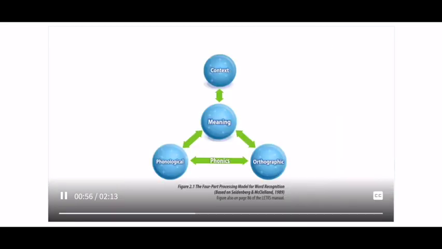Seidenberg and McClelland's four-part processing model represents the distinct jobs of four networks: the phonological, orthographic, meaning, and context processors. Of these, the phonological processor is the linchpin for reading an alphabet. Without awareness of phonemes and the ability to manipulate them, students struggle to connect sounds to print for automatic word recognition in reading and in spelling.